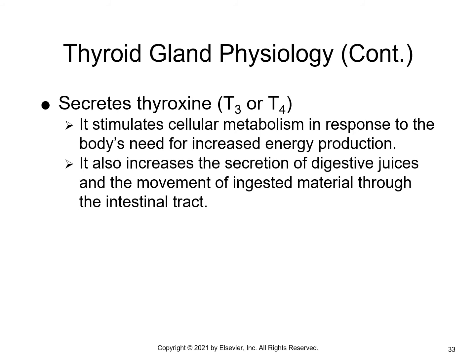So the thyroid gland secretes thyroxine as T3 or T4, where the thyroxine is associated with 3 or 4 iodine atoms. That thyroxine goes and acts on the body and stimulates cellular metabolism in response to the body's needs. It also increases the secretion of digestive juices and movement of ingested material through the intestinal tract. So when we have abnormal levels of T3 and T4, that's when we're going to get abnormal metabolism in the body.